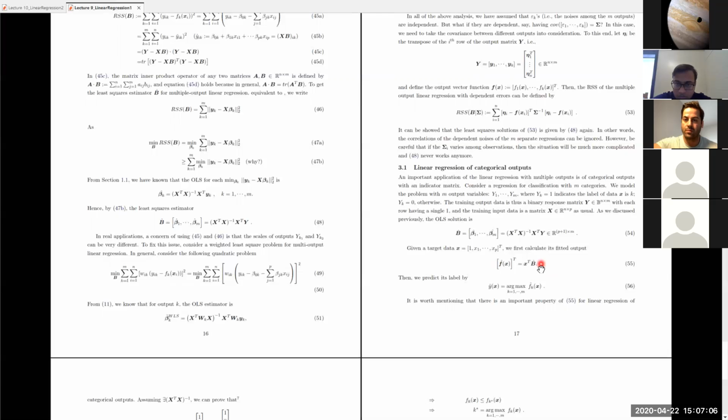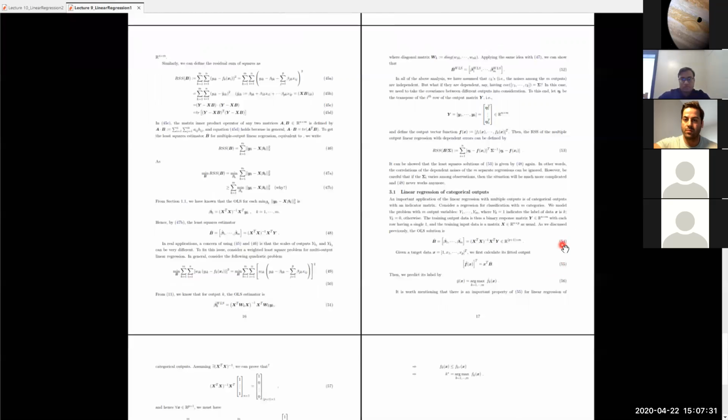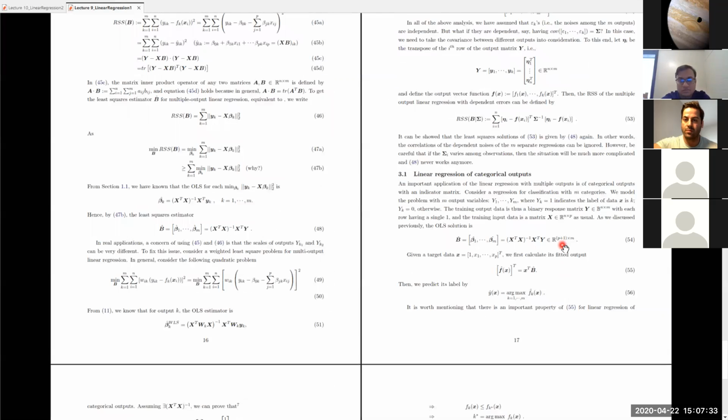Then how would you classify it? I'm going to predict the label this way. In other words, I have f1 to fk, and I see which fk of x gives me the maximum value, and then I predict my x to have this label. Recall that we've applied this idea before, in LDA and in logistic regression.